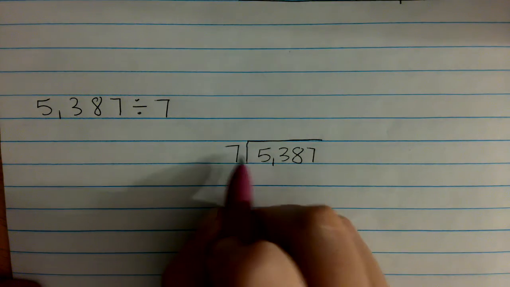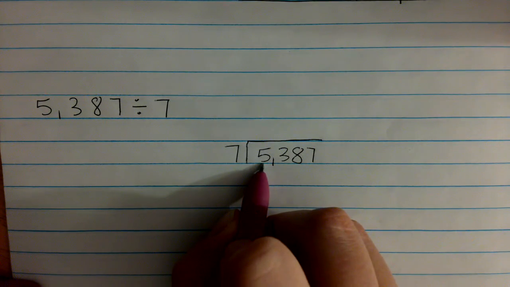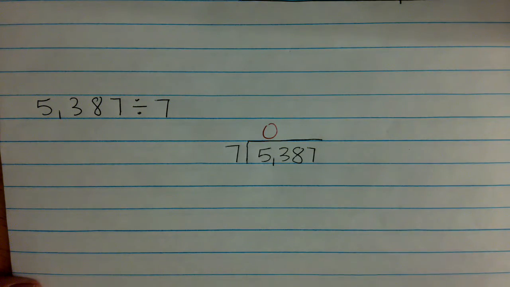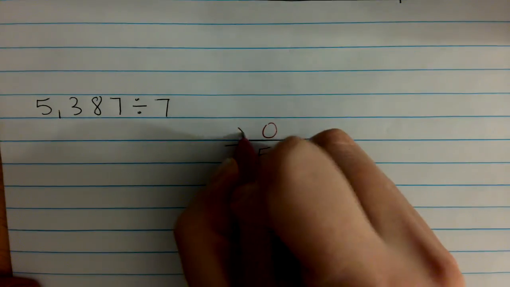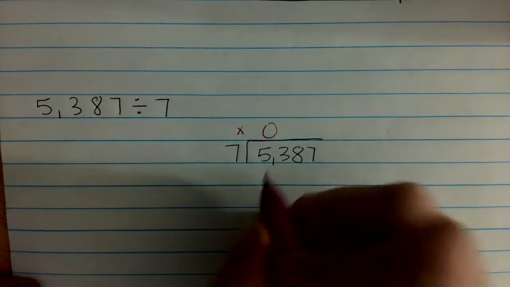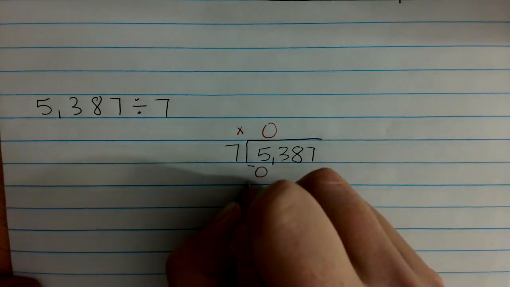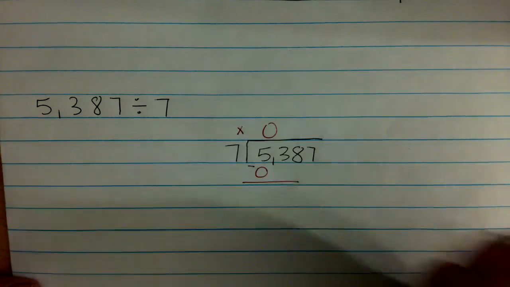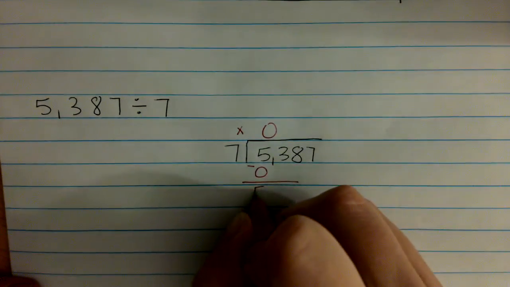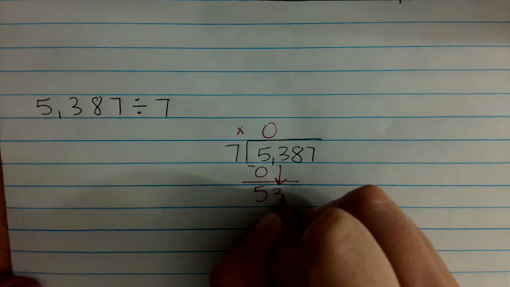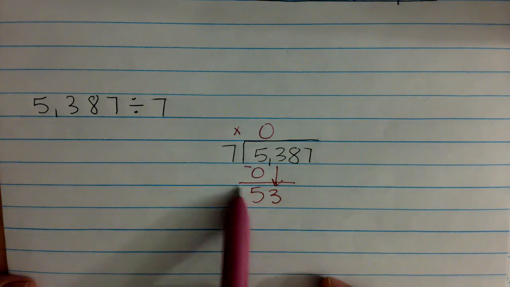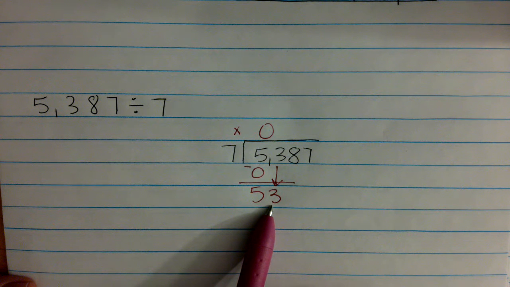Well, does 7 go into 5? I look at this first number. No, it does not. So I'm going to put a 0 just to hold my place value. 0 times 7 is 0. So that gives me 5 minus 0 is 5. Bring down my 3. Now I have 53. So can 7 go into 53?